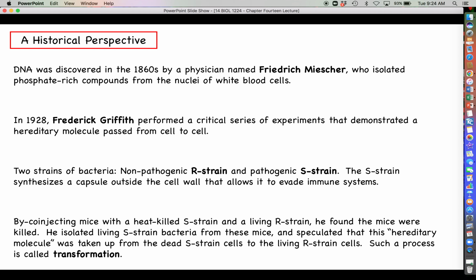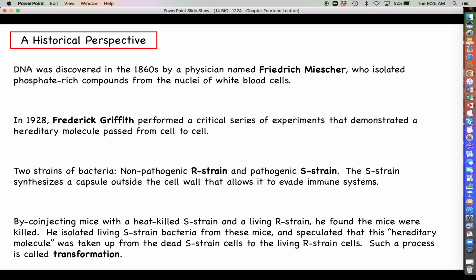So what he did is he isolated the living bacteria from these mice and basically found that, okay, these bacteria took up some kind of hereditary molecule from the dead S strain cells, and those got passed on to the R strain cells, and that transformed them into living S strain cells.